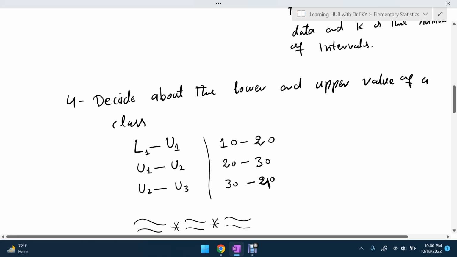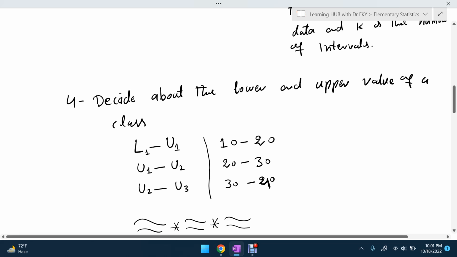In other words, L2 equals U1. So this value is also here, and U2 is the upper limit of the second class, and this will be the lower limit of the third class. That's why I'm writing in this way.